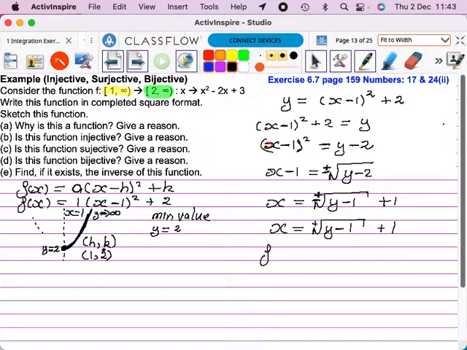So we've now got the function of y, and then we change the y into an x, and because it's an inverse function, we call it f minus 1, and that becomes the square root of (x minus 2), plus 1.